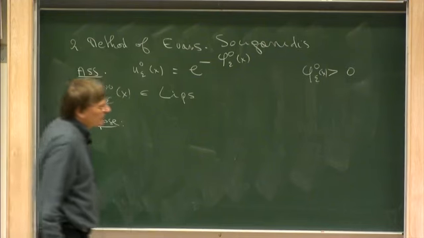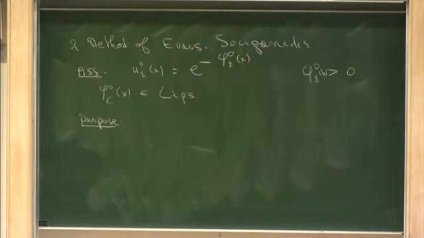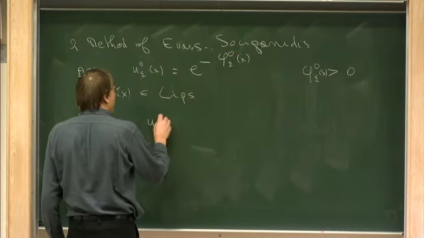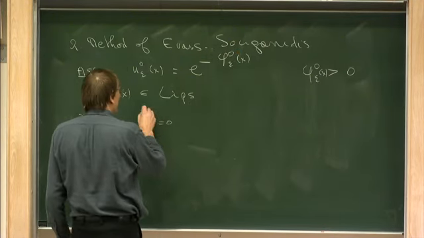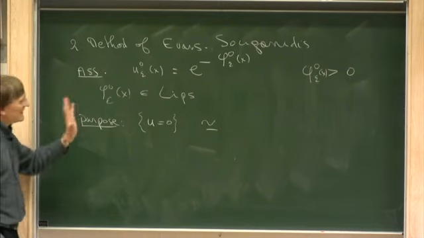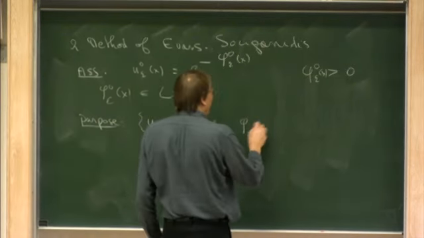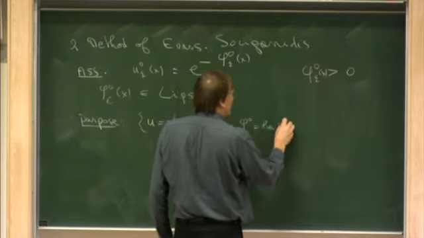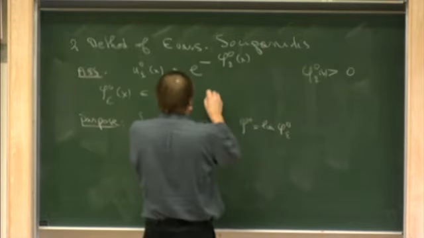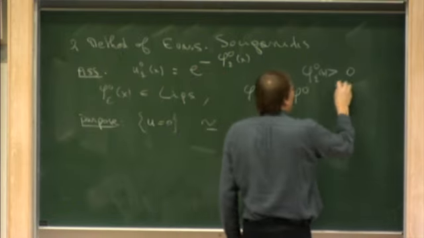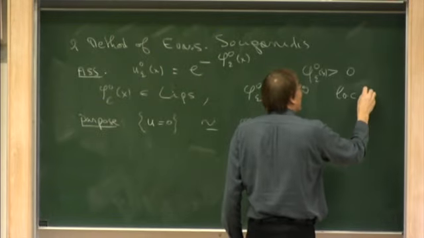Is that now u equals 0 is more or less, it's not completely obvious, a set where phi 0, which is the limit of phi 0 epsilon, you assume that phi 0 epsilon converges to phi 0 locally uniformly, because it's Lipschitz continuous.